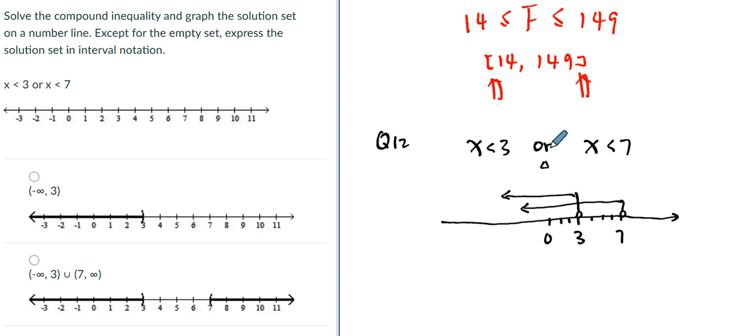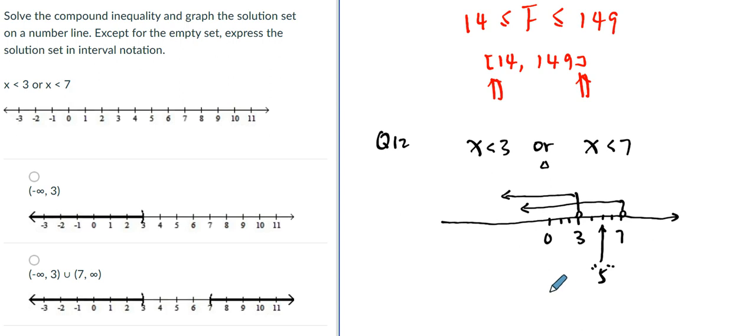Now, since here it is or, you will not choose the common part. So if here, let's choose 5, 4, 5, 6, 7. Well, 5 is less than 7, then that's fine. Even though it is greater than 3, it's okay because we do what? As long as it satisfies one condition, it's going to be okay.